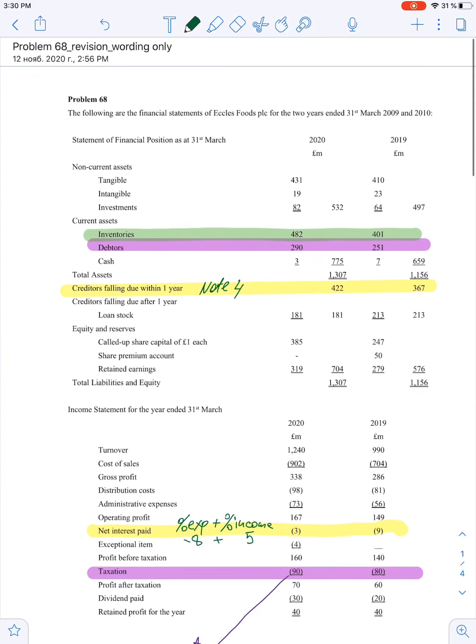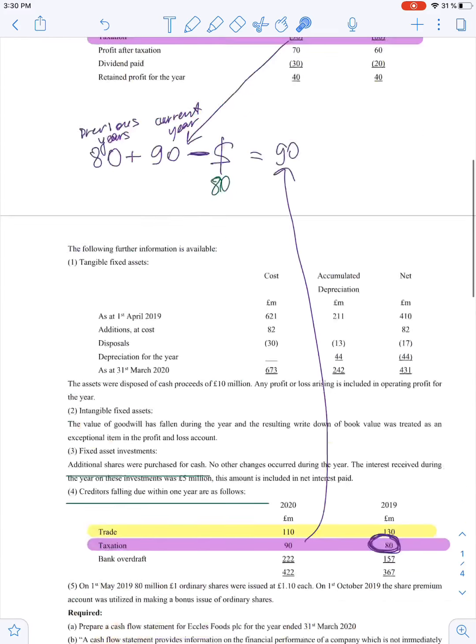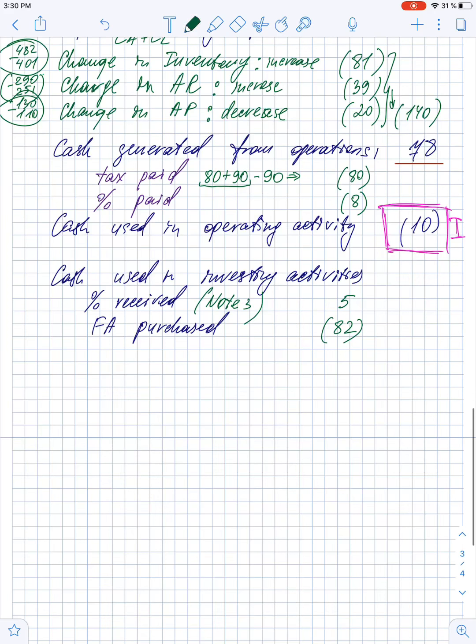We can see in the statement of financial position the increase in total value of investment from 64 to 82, and the difference between these two amounts is the spending on newly purchased investment. So we write it down here: investment purchased. The calculation would be 82 less 64, and the difference was the amount spent on that purchase, 18.